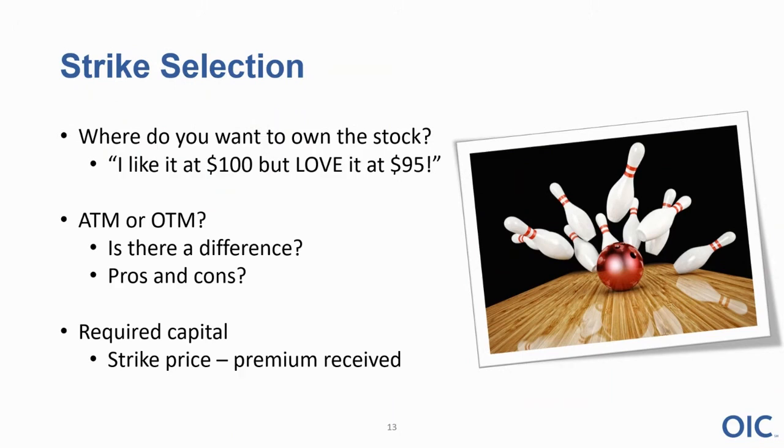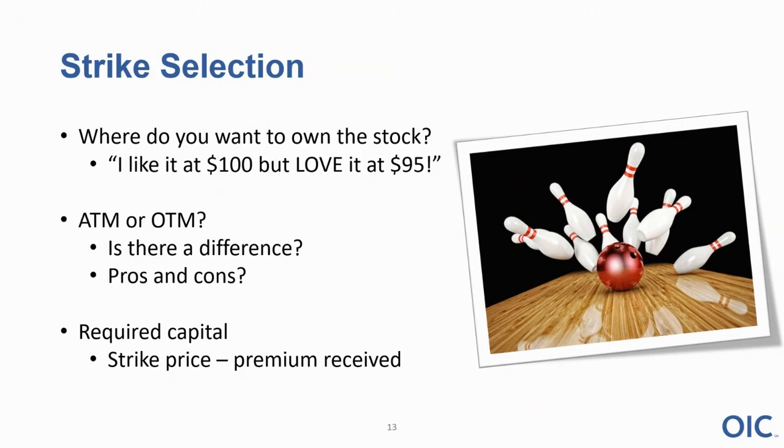So let's talk about a $100 stock. If we sell a $100 put against it for, say, $3, our trading firm is going to require us to deposit $9,700, the difference between the strike price and the premium we received. They would require us to deposit $9,700 in our account to cover that potential risk.